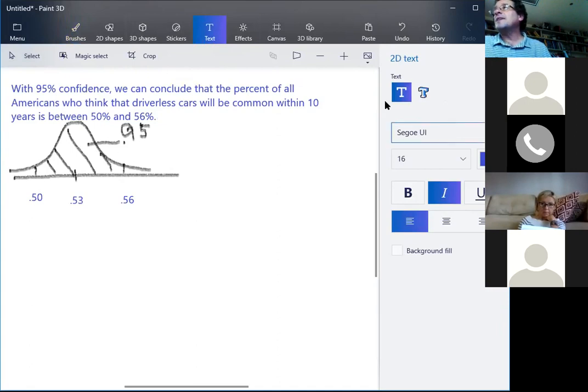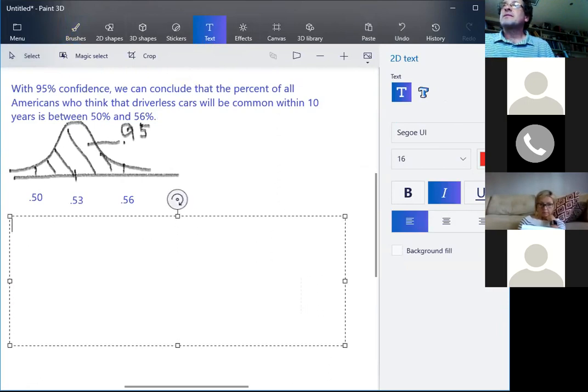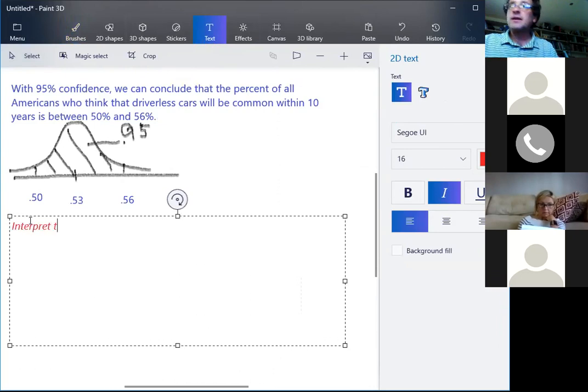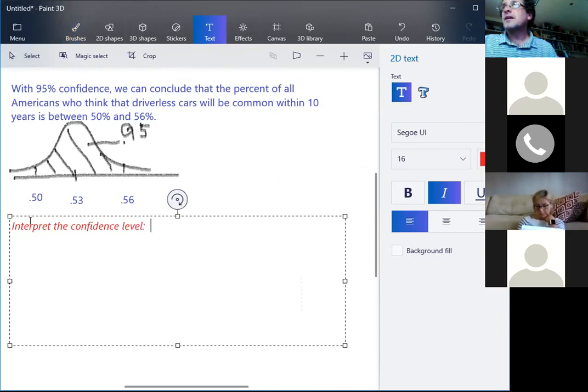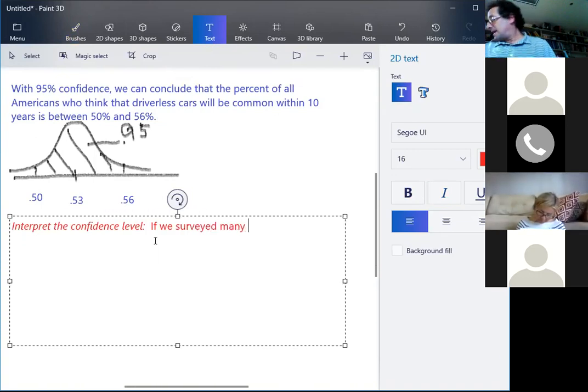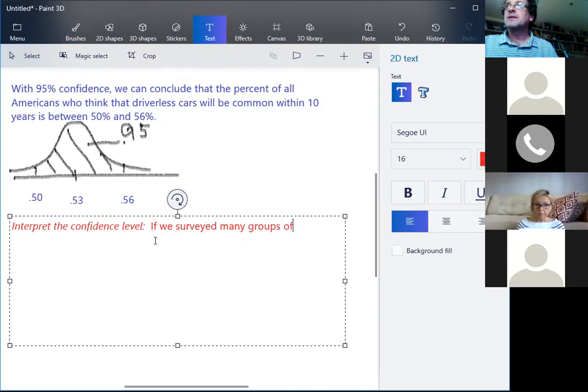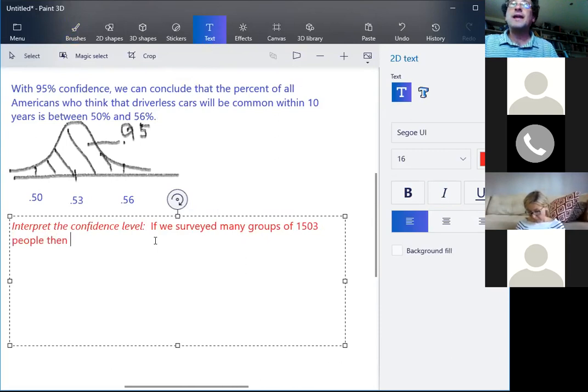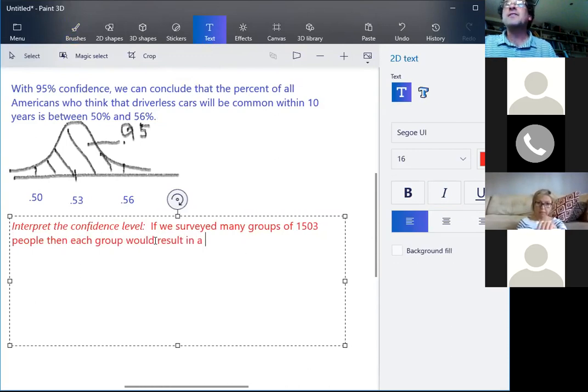Okay, so this is interpret the confidence level, and what we can say is that if we surveyed many samples, actually many groups probably, because people, of 1,503 people, then each group would result in a different confidence interval.